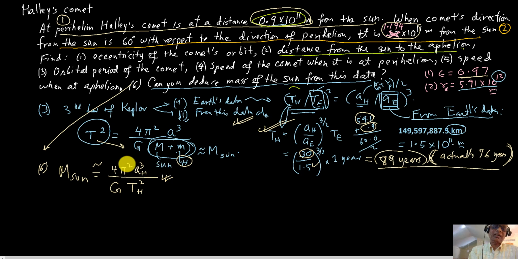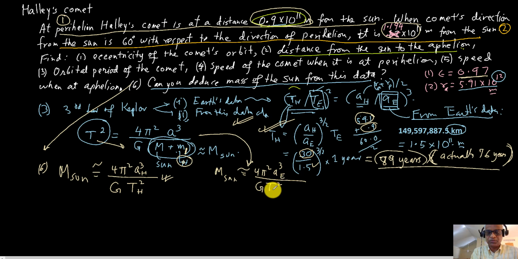Incidentally, you don't need Halley's Comet to get the mass of the sun. You can apply this to, say, the Earth. For the Earth, you can get the mass of the sun from 4 pi squared A_Earth cubed over G, Newton's gravity constant, and time period squared of Earth.